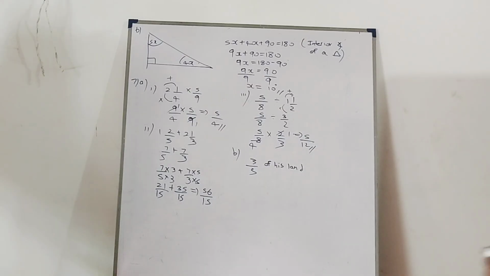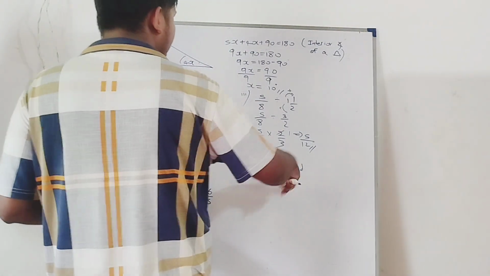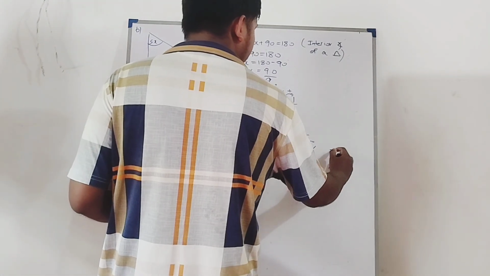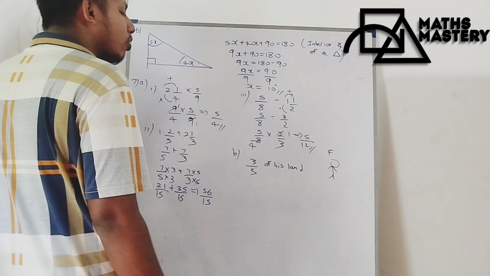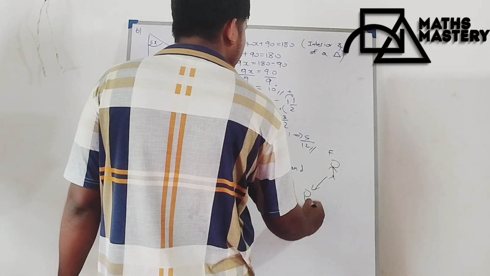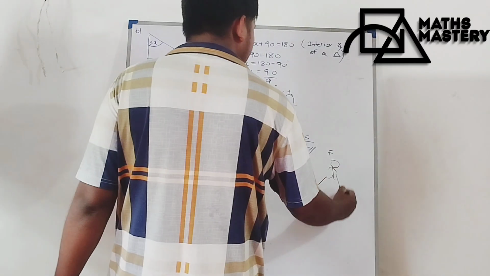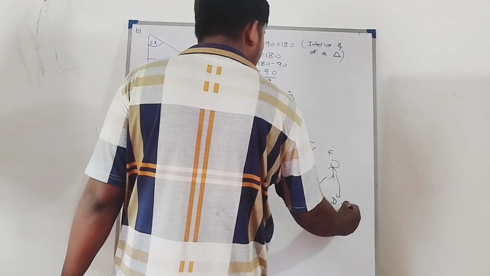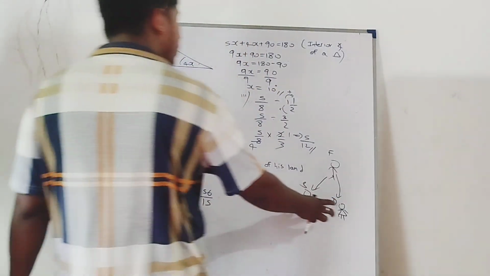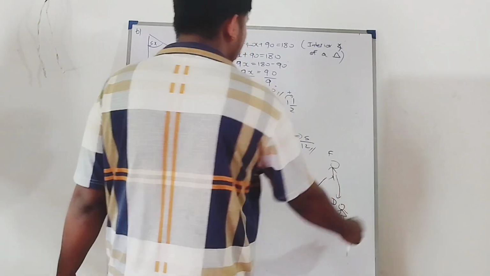There was a father. What did he do? He gave 3/5 of his land to his son. This is the son. And the remaining to the daughter. So they are asking what is the fraction of land that was received by the daughter.